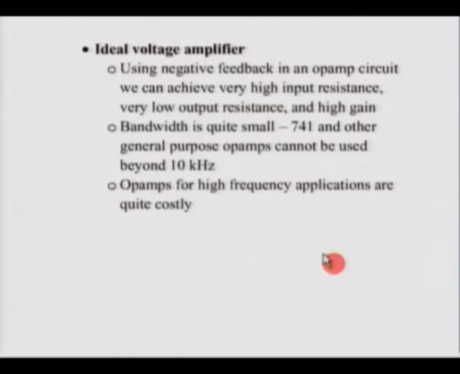The first block is a differential stage when you talk about a 741, and that stage takes care of the common mode rejection ratio, and also has a gain of typically 10 power 3, followed by a post amplifier with another gain of 10 power 3.